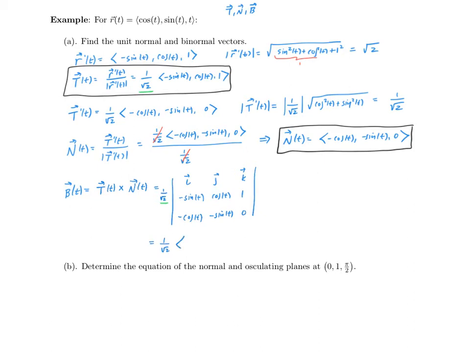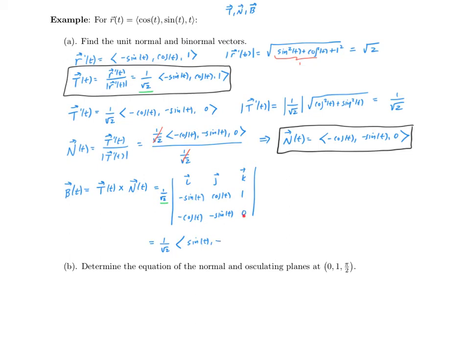The first entry for this binormal vector would be what? Cosine times 0 minus a minus sine, so positive sine. That second entry, there's going to be a negative sign, which is there because remember our pattern, plus, minus, plus.